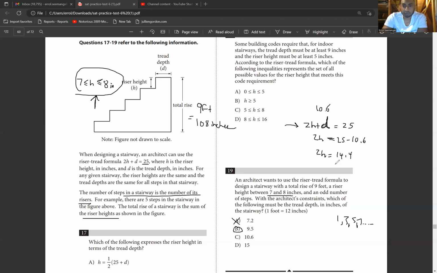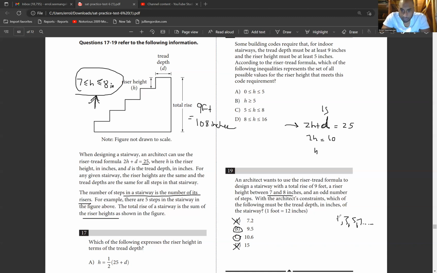If we divide that by 2, we get 7.2. That's also between 7 and 8, so it looks like it's C too. Now, what about D? If we plug in 15 for D, 2H would equal 10, H would equal 5, which is not in this range. So it doesn't look like it's that one.